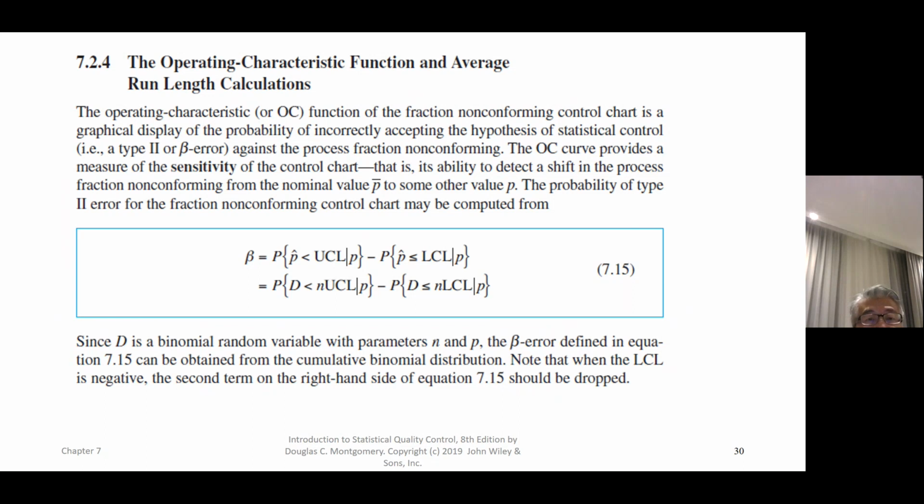Note that when the lower control limit is negative, the second term on the right of equation 7.5 should be dropped. Sometimes the lower control limit is lower than 0, which is not possible. How could the representation of a percentage be less than 0? It makes no sense to me.